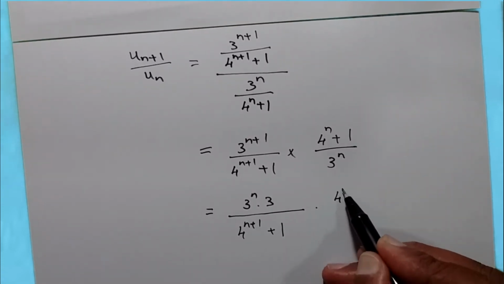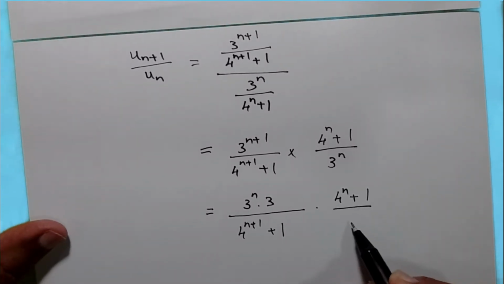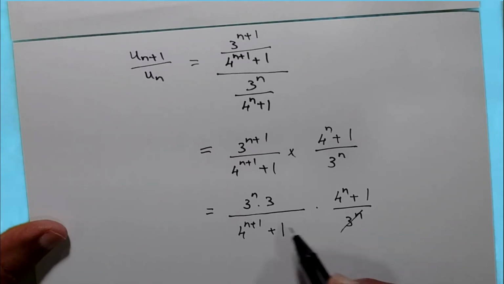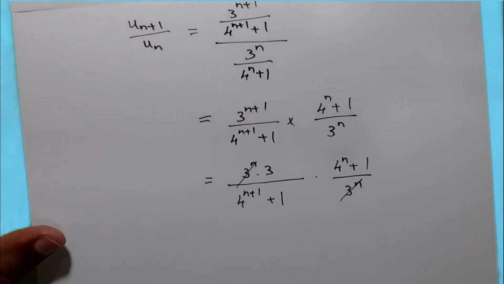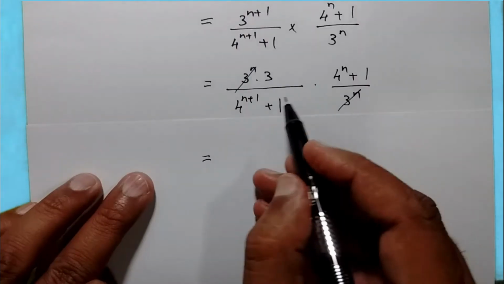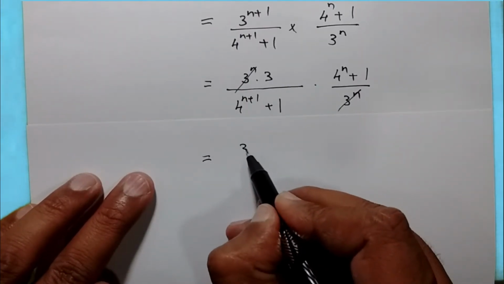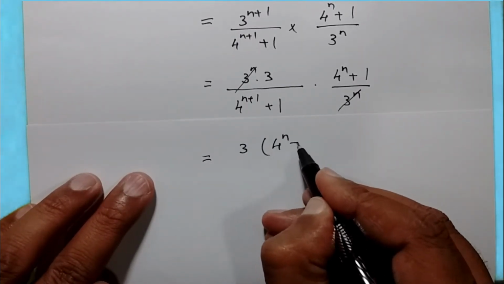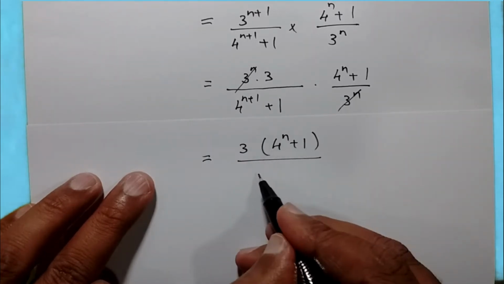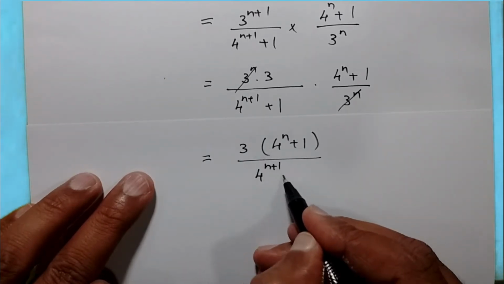Here it is 4 power of n plus 1 as it is divided by 3 power of n. So this 3 power of n and 3 power of n will cancel out. So here you are left with 3 times (4 power of n plus 1) divided by 4 power of n plus 1 plus 1.